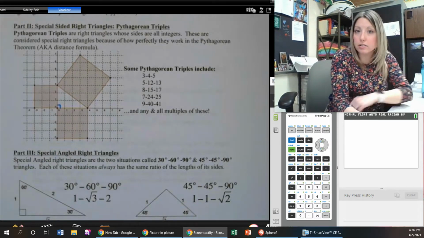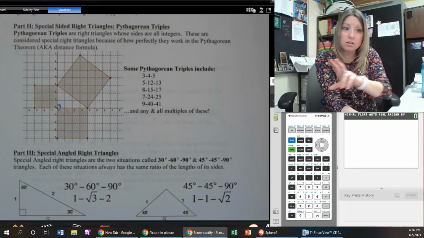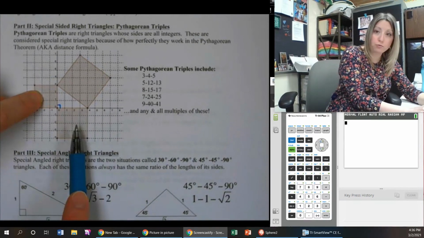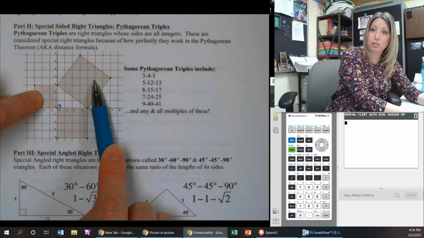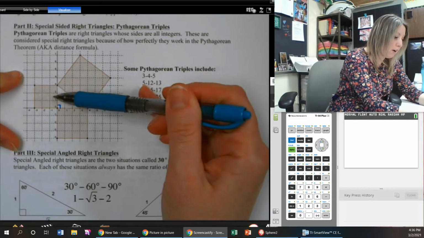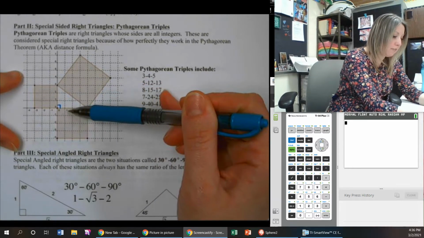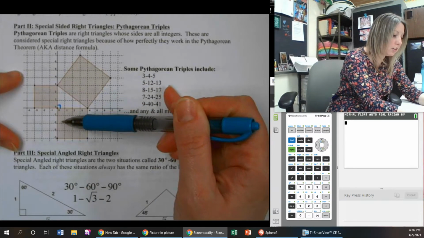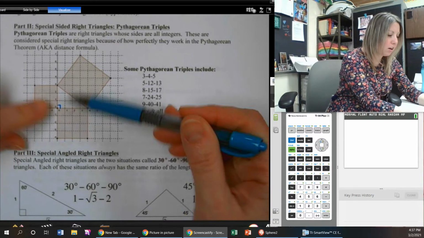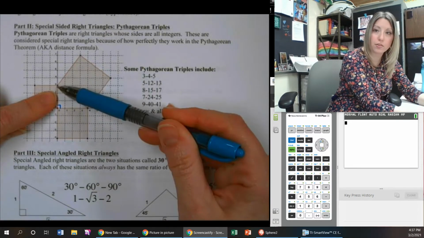Because in the Pythagorean theorem, 3 squared plus 4 squared is the same value as 5 squared. 1, 2, 3, 4, 5, 6, 7, 8, 9, 10, 11, 12, 13, 14, 15, 16, 17, 18, 19, 20, 21, 22, 23, 24, 25. 5 squared is 25 right there. That's how many you would get.